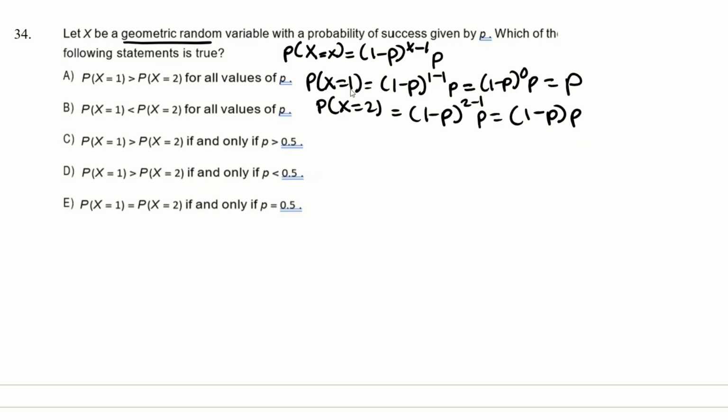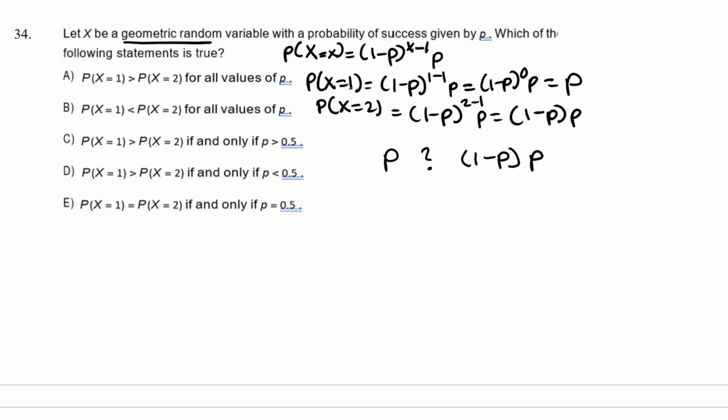Okay, so let's go ahead and do a little inequality here. So let's compare x equals 1 to x equals 2. So x equals 1, the probability is p. X equals 2, the probability is 1 minus p times p. And we want to know, is it greater than, is it equal to, is it less than?